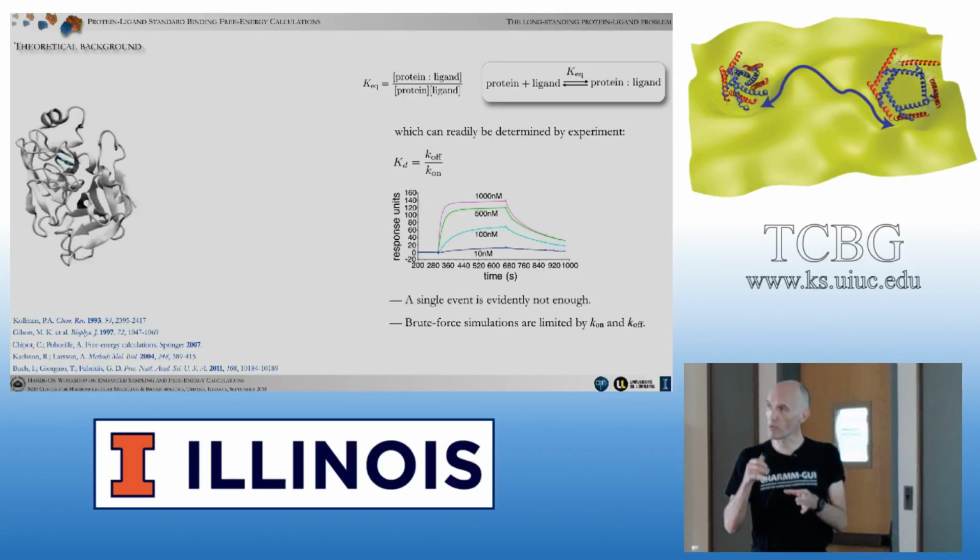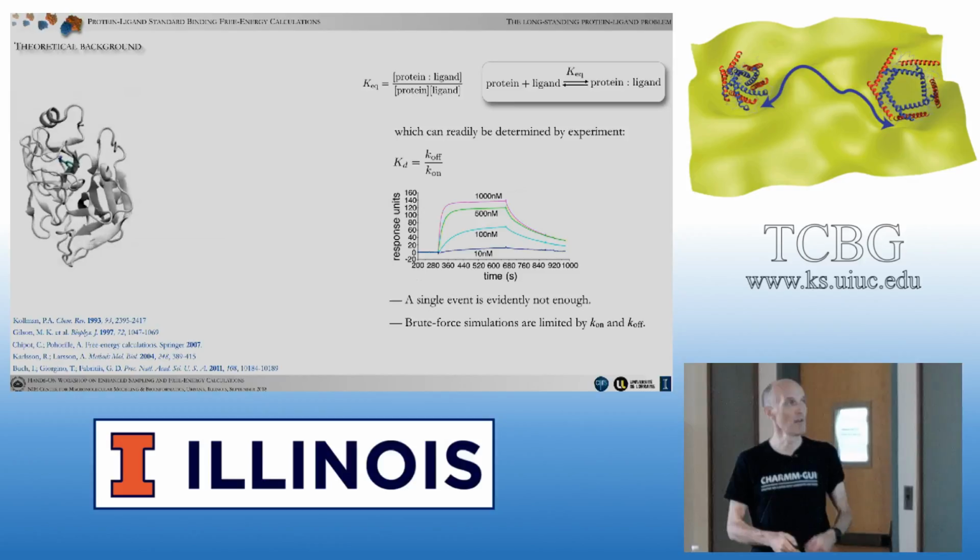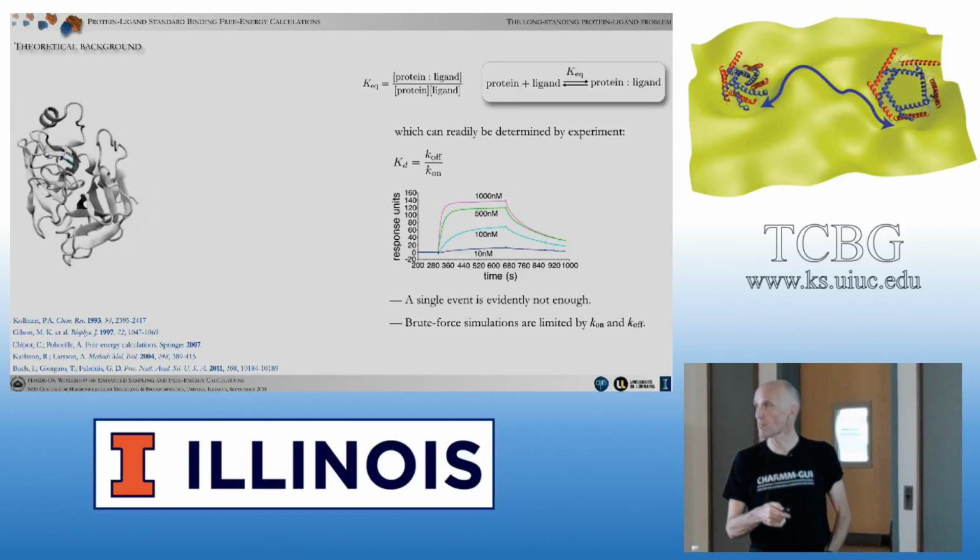The ligands will actually bind to the protein. You can measure k on, and then you wash that with another solution, free of the ligand. Then you measure the amount of ligand that unbinds, and you get the k off. So the ratio of the two kinetic measurements, stopped-flow kinetic measurements, will give you the KD.